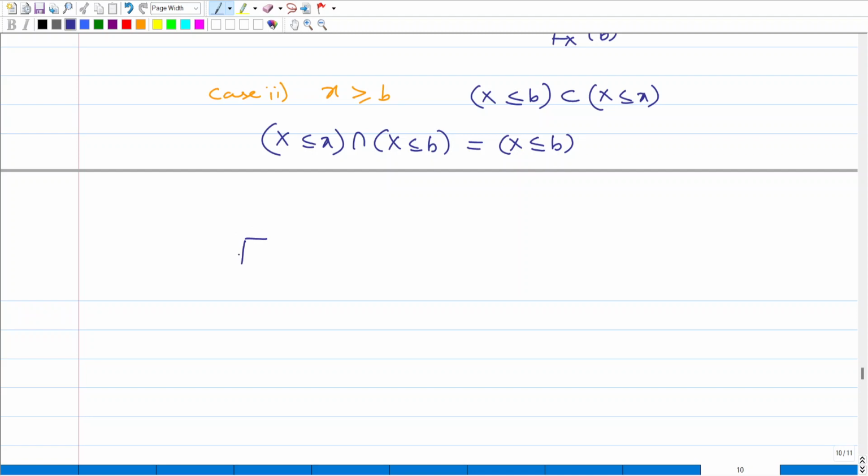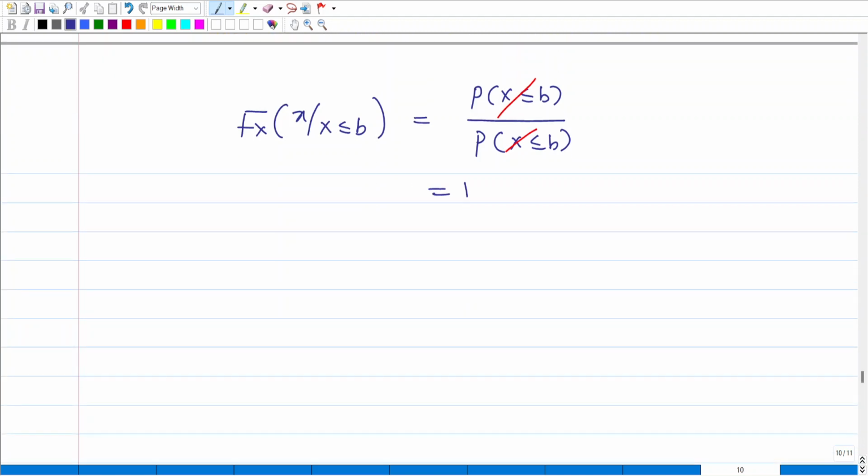Now let us apply the conditional distribution. So we can write the numerator as the probability of x less than or equal to b, and the denominator is the probability of x less than or equal to b. So both are one and the same. The numerator and denominator are the same, so this leaves us 1.